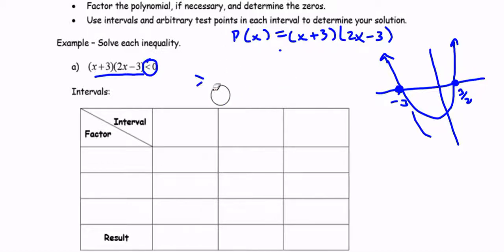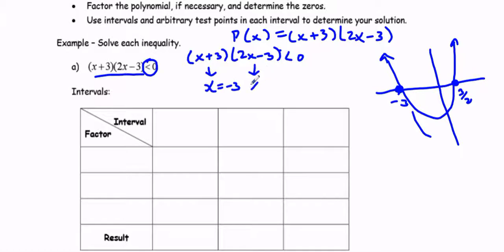So let's just find the zeros. So I'm going to go with x plus 3, I'll just rewrite it out, 2x minus 3 is less than 0, and my zeros are x equals negative 3 and x equals 3 halves.